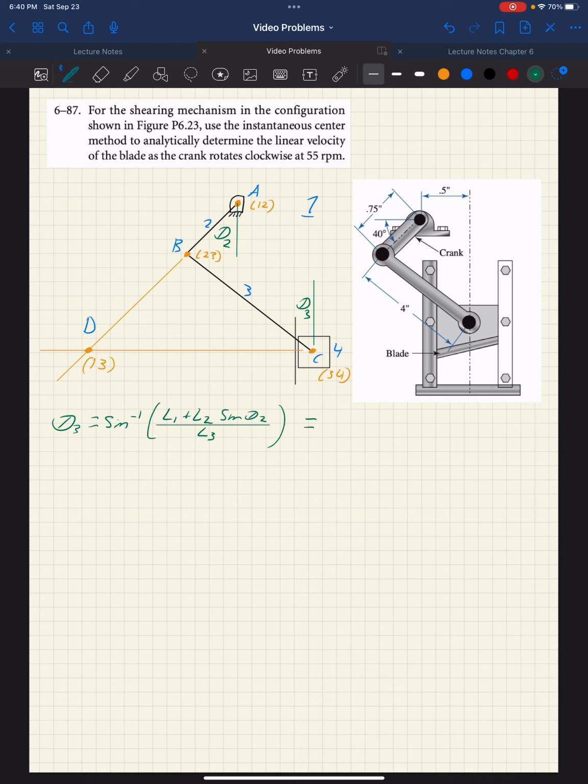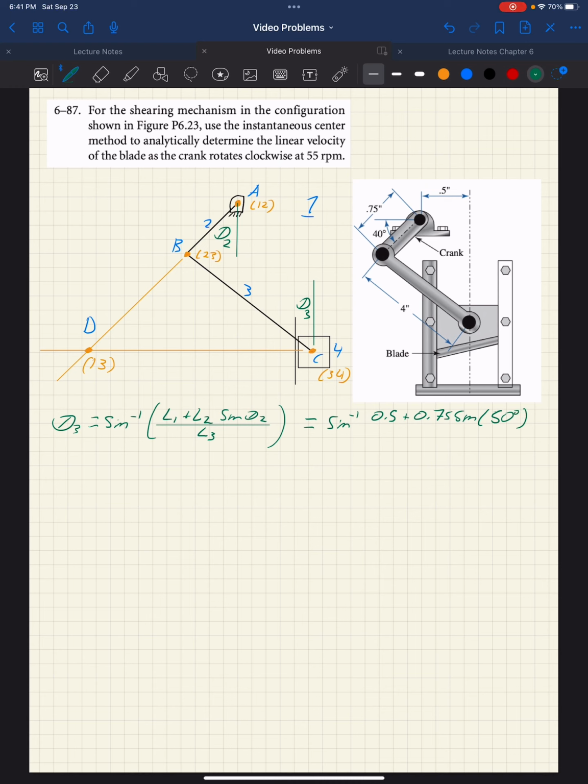So we can go ahead and plug some numbers into this. Sine inverse of L1, 0.5, plus L2, which is 0.75, times the sine of theta 2. Now, up here in the figure, they give us that length 2 is 40 degrees off of the horizontal, so theta 2 is 50 degrees.